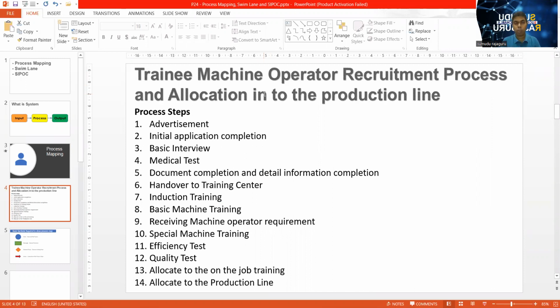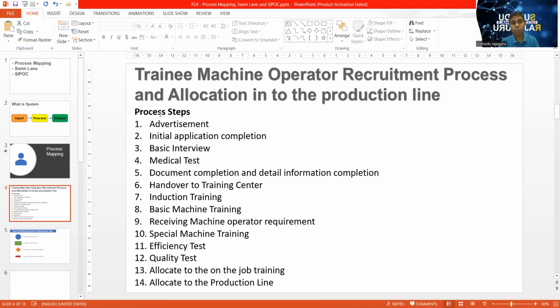Before we draw the process map, first we have to write down the process steps. According to this process, I have already written the process steps. The process steps are: advertisement, initial application completion, basic interview, medical test, document completion and detailed information completion, handover to the training center, induction training, basic machine training, receiving machine operator requirement, special machine training, then efficiency test, quality test, allocate to on-the-job training, then allocate to the production line.